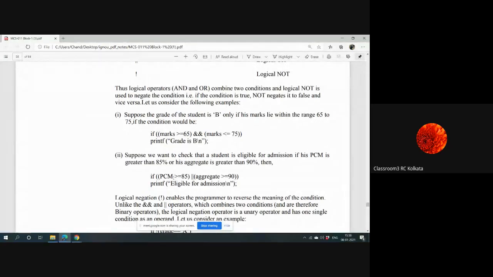If both conditions are false, then he is not eligible for admission. Whereas with AND, if marks are greater than 65 and less than or equal to 75, then only he will have the grade of B. So for the AND operator to be true, the two conditions need to be true.